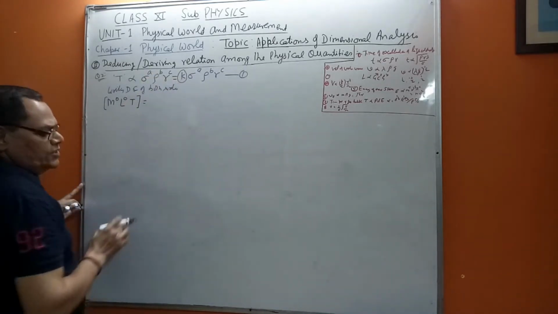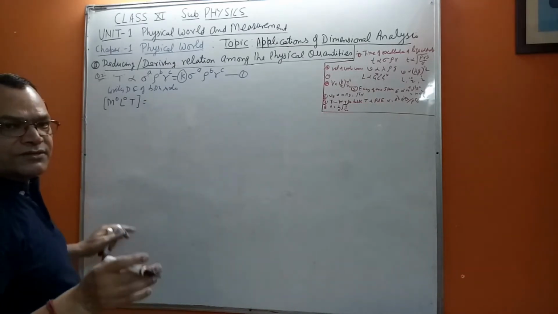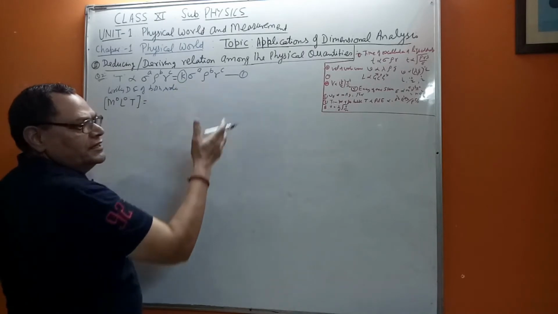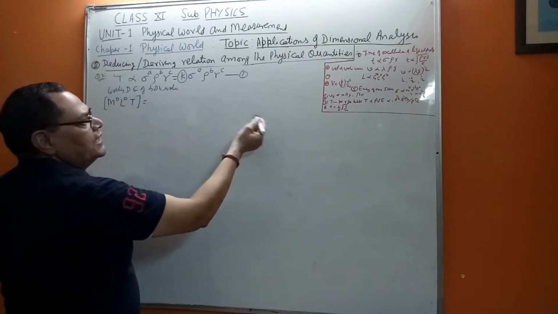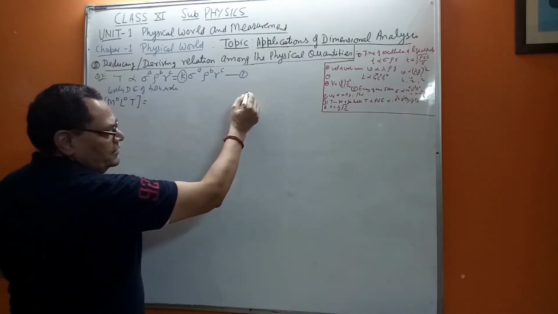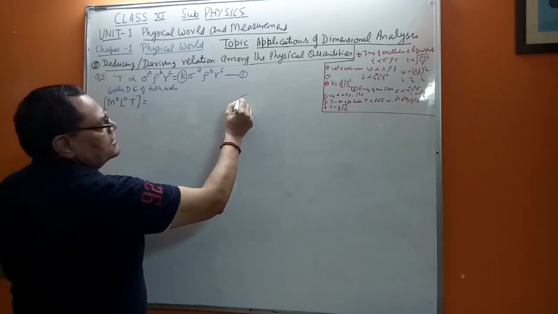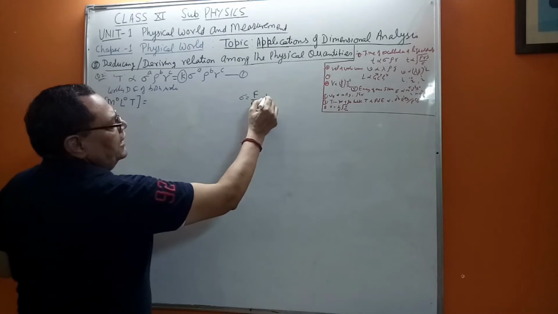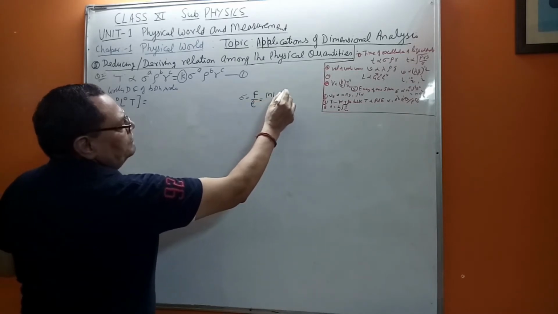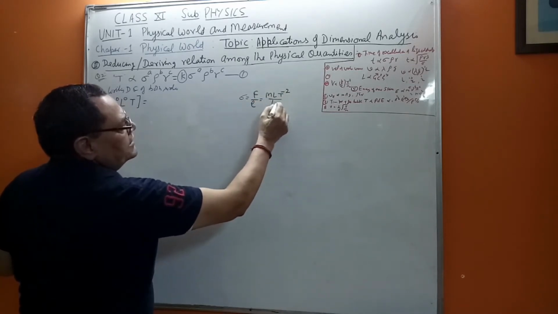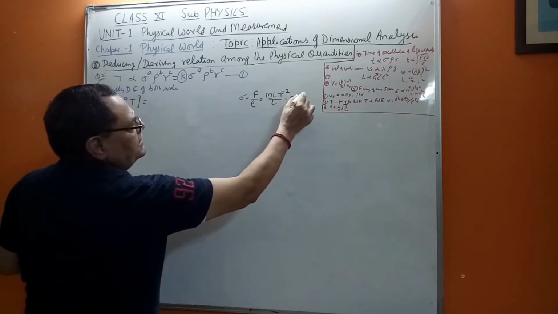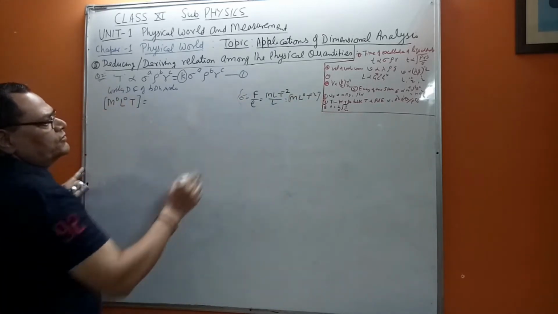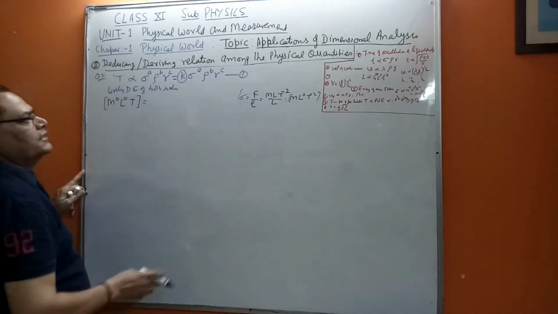Now the surface tension. As I told you in the previous class, if you know the formula directly, well and good. If you don't know, derive it. The surface tension was defined as force per unit length, and force was M L T^-2, and here is L. So L gets cancelled, and it was basically M L^0 T^-2.